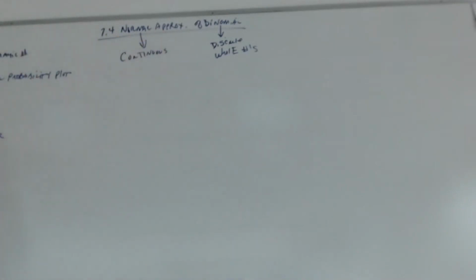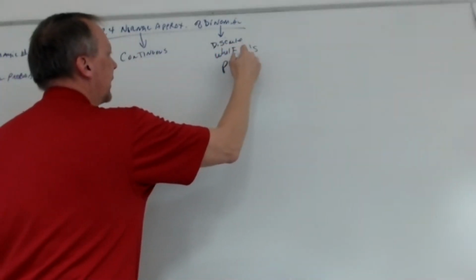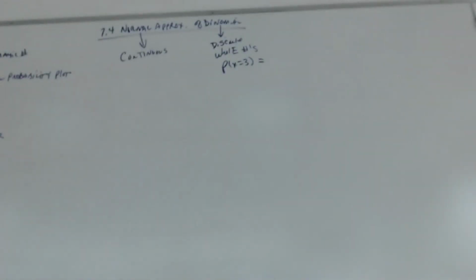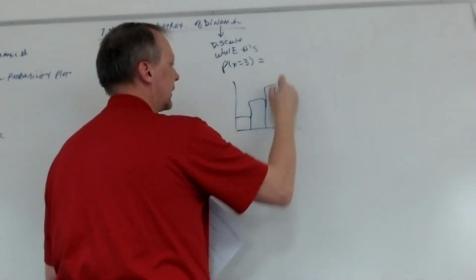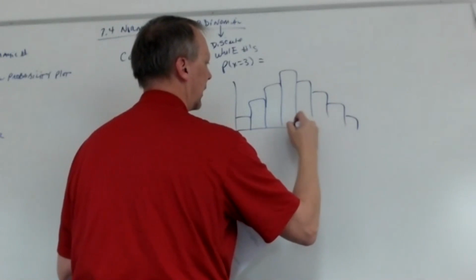So let's just remember, can I say the probability that x equals, say, 3? Is that a legitimate thing to do with a discrete distribution? Yes. Remember, because it's discrete, you're going to have something that looks like this, maybe. Okay.